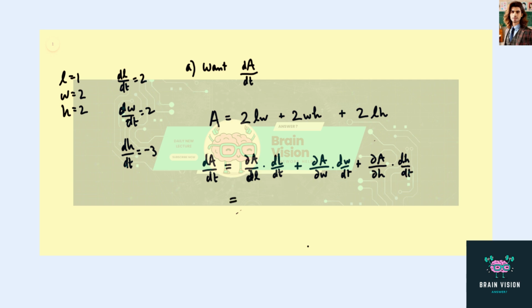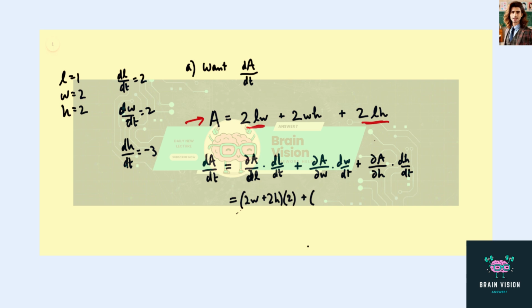Okay. For the partials, we'll have to look at our formula for surface area up here. So with respect to L, this first term will give us a derivative of 2W, and this term here will give us a derivative of 2H. dL/dt, again, is given to us as 2.